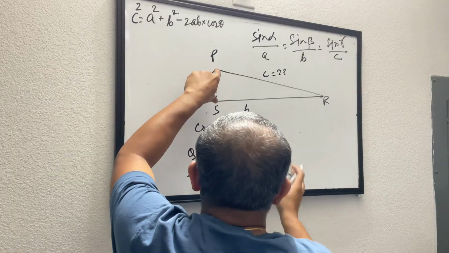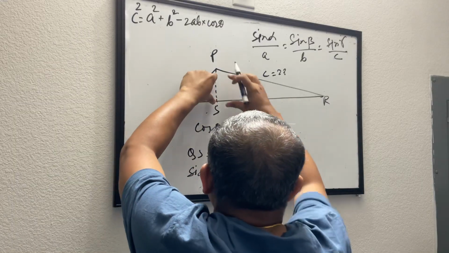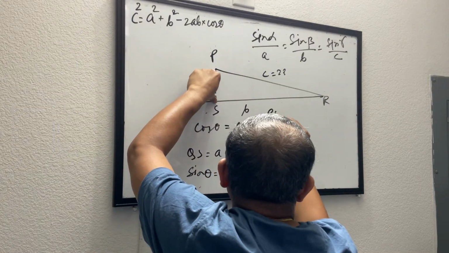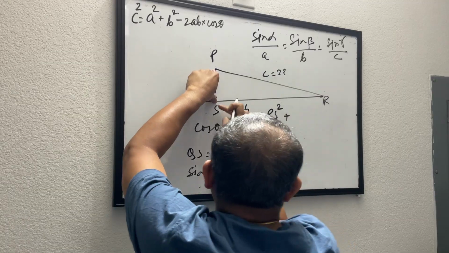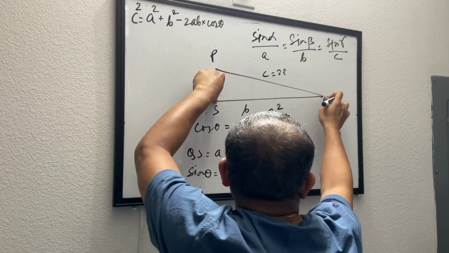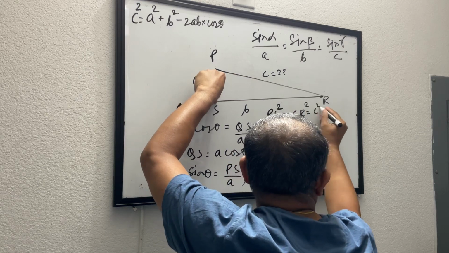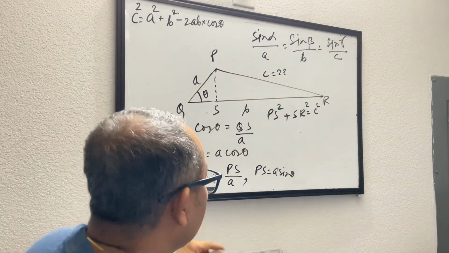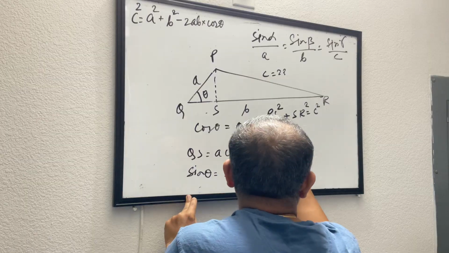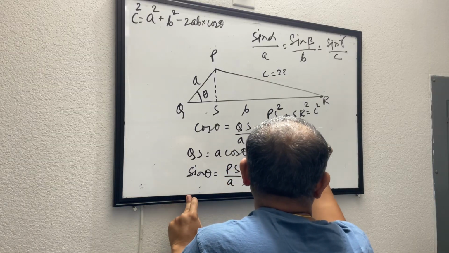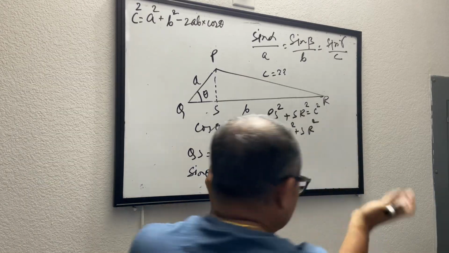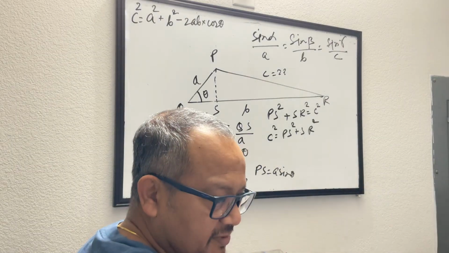So, based on Pythagoras theorem, PS square plus SR square will be equal to C square. Or C square equals PS square plus SR square. I just flipped the sides.